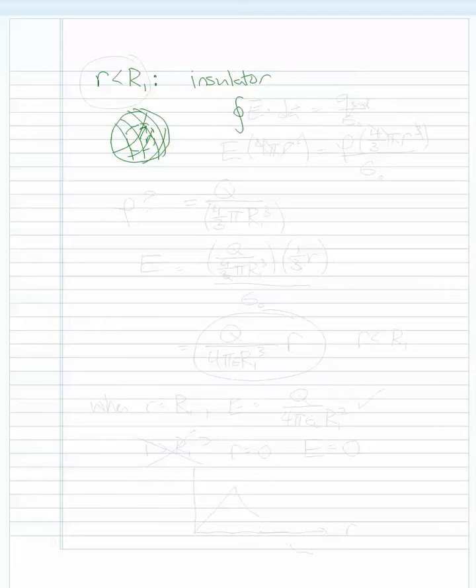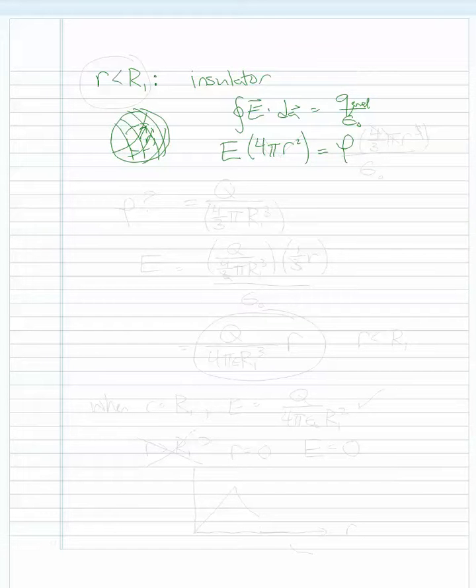So again, I would start with Gauss's law, and I would write E times 4 pi r squared. Like I said in class, you will never forget the area of a sphere after this class. This time, though, it's a little bit more complicated.